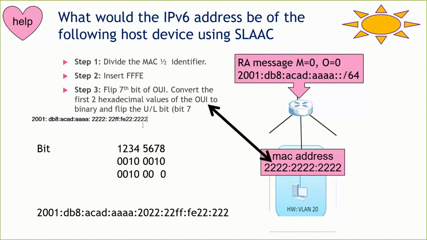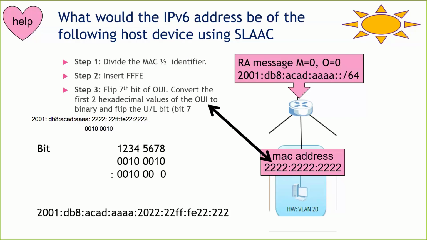So that's where we're at. Then you have to flip the 7th bit, right? So here's our 7th bit. We know that each of these nibbles has 4 bits in them. So how would I write out 2? I would write it like this, right? There's 2, so right here. Then I would write out 2 again.